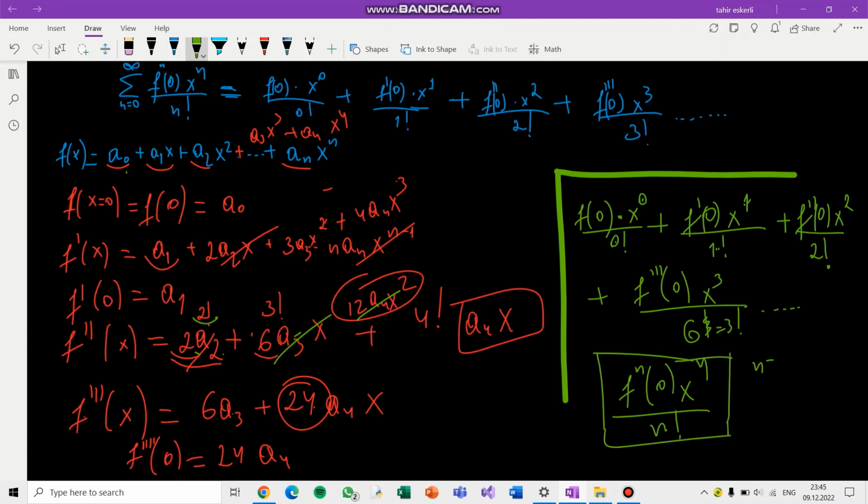The n here represents infinity, and f to the power n 0 means that we should find the derivative of the function f(x) n times with respect to x, then put 0 in the places where we see x, and we get the result of this function here.